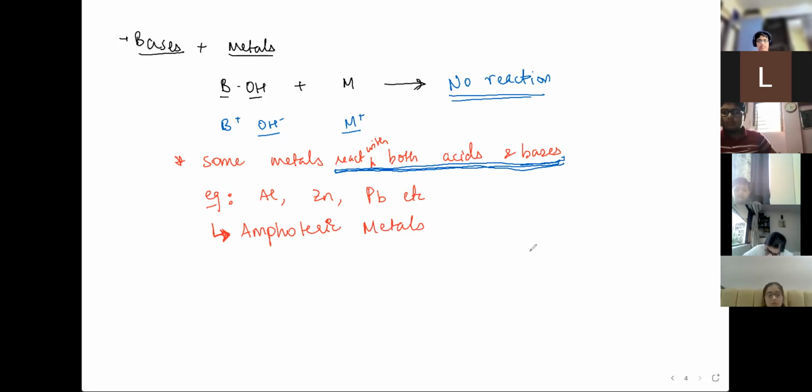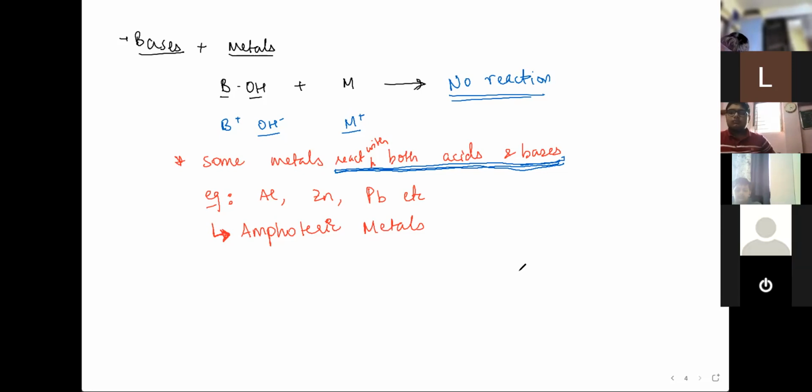So there are some exceptions for exceptions on a reaction. They usually come in 10th, 11th, 12th or in colleges also. It depends on how deep you're going into the topic. Like just now we saw one exception, copper. The exceptions to an exception for acid-metal reaction are related to nitric acid.